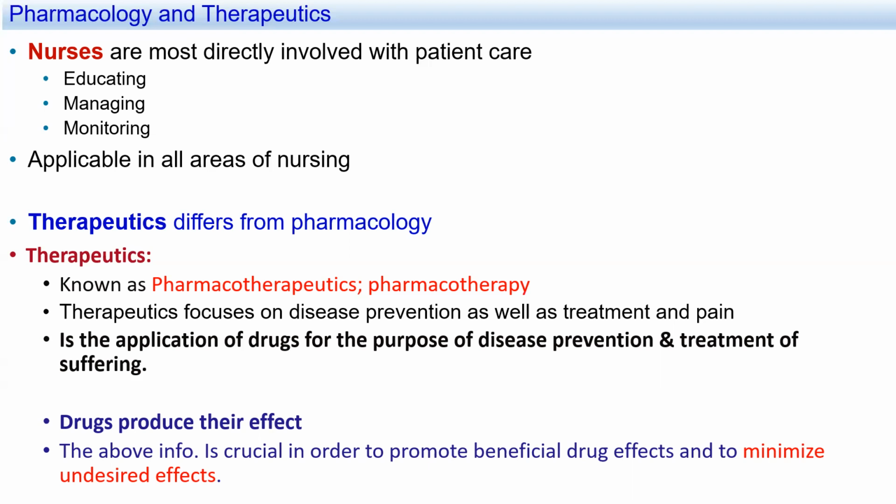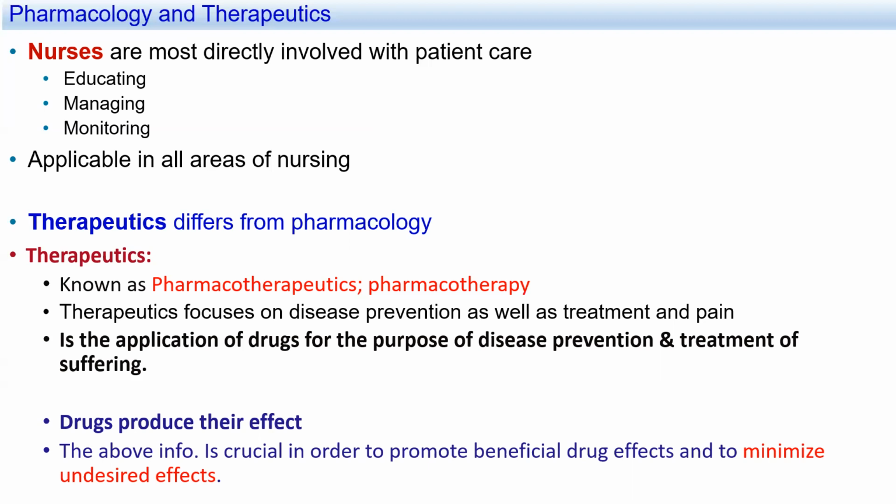Drugs produce their effects, therapeutic and adverse effects. So for almost all the medications given, there is always a therapeutic effect, and we have to identify what is the side effect, what is the adverse effect of this drug.